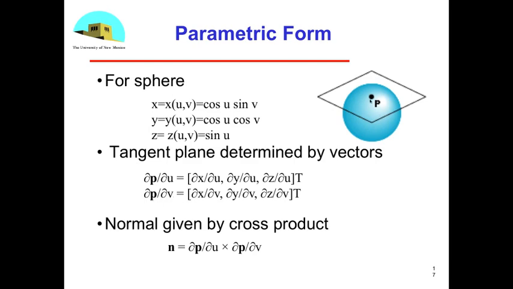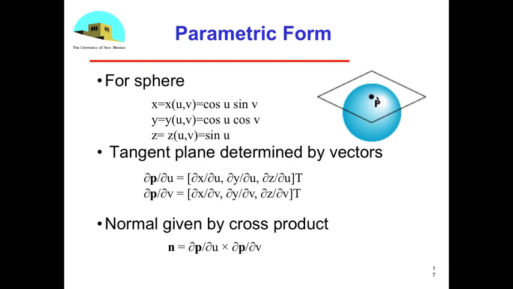If they both lie inside this plane, their cross product must be normal to the plane, and we get n. If you apply that to these equations, you'll get exactly what we had for the implicit form. We better get the same thing, which is that the normal for a sphere at any point is the point you're at, normalized.